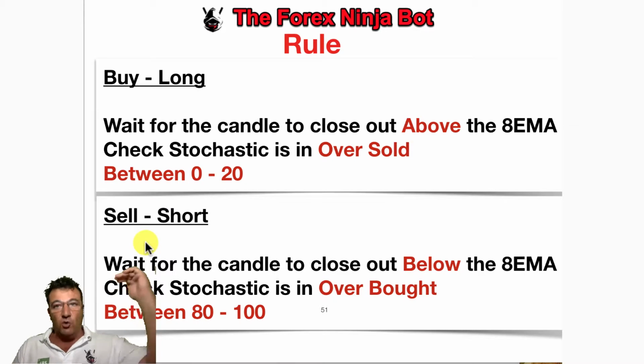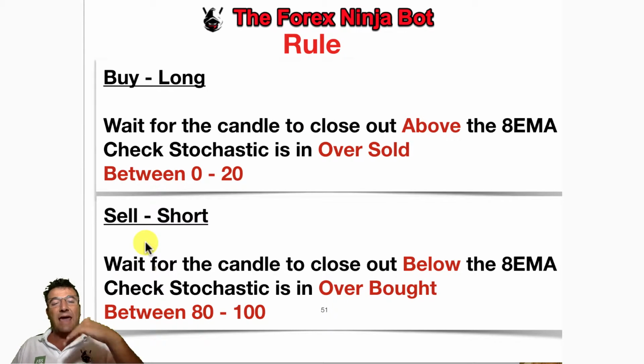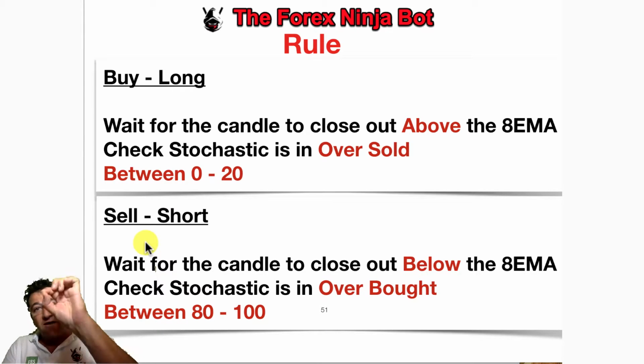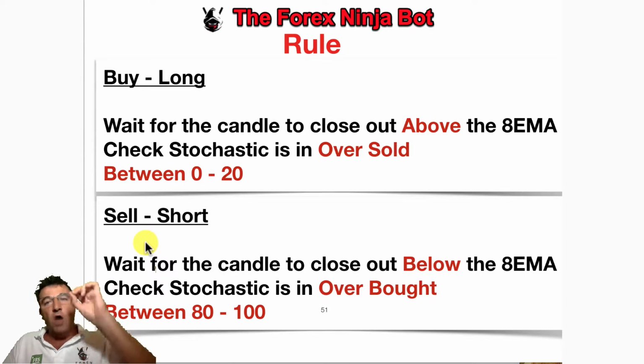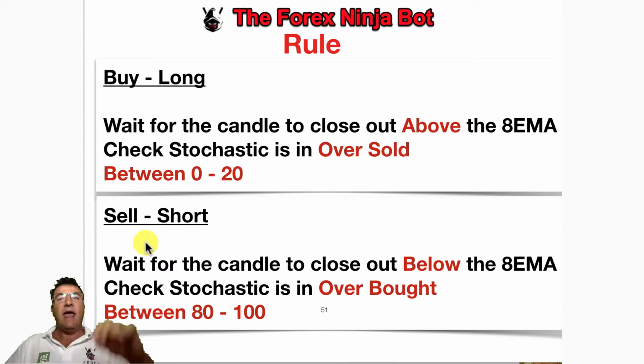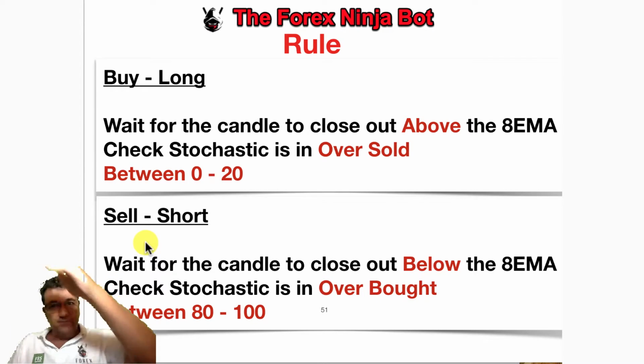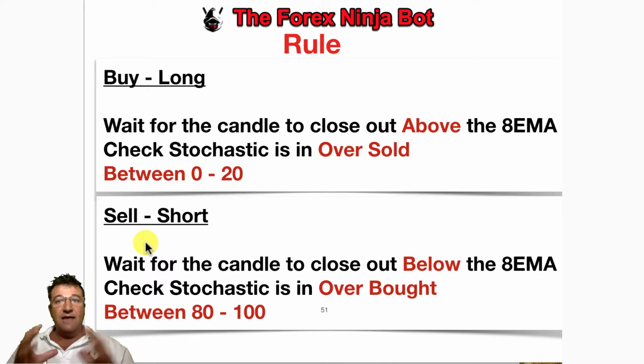Now that you're in the short position, you wait for the candle. If you see a doji at the bottom of the trend, you wait for the next candle to form above the 8 exponential moving average. Once you see a candle open above the 8 exponential moving average, then you know that the direction has changed and you can start going long and stay in that trend until you see the doji at the top of the trend.